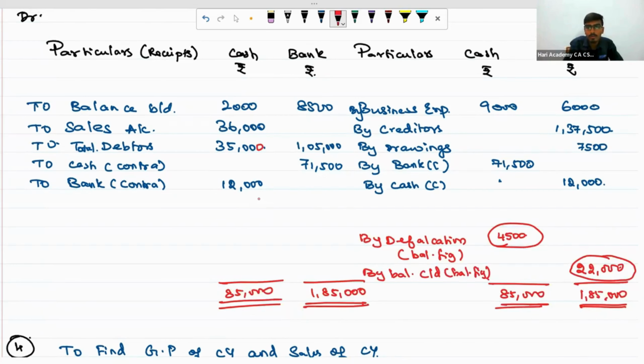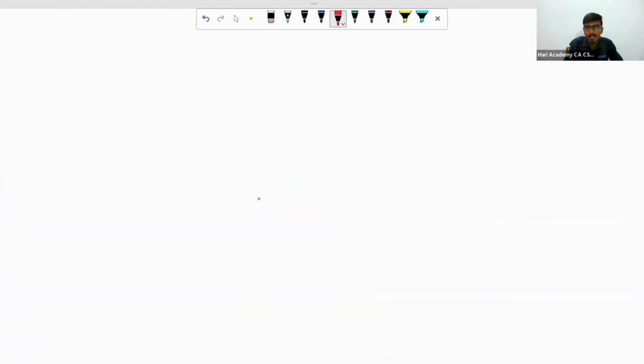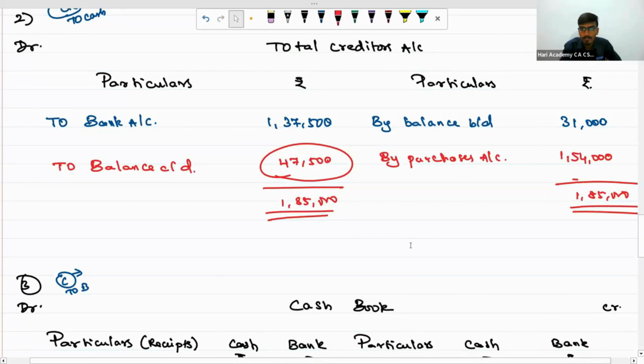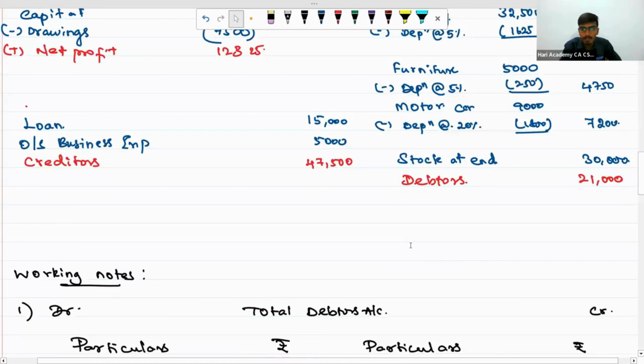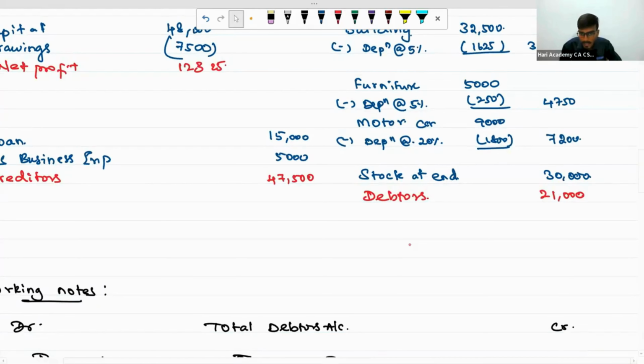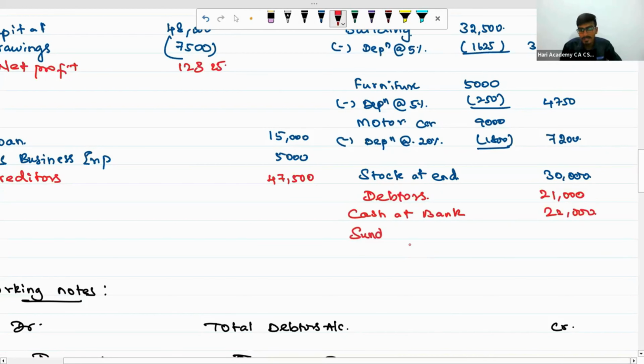So now you will go to the balance sheet and you will write down cash at bank. What is the cash at bank value? 22,000. And then don't write cash in hand, instead write sundry advances.